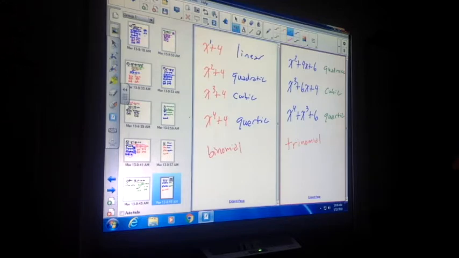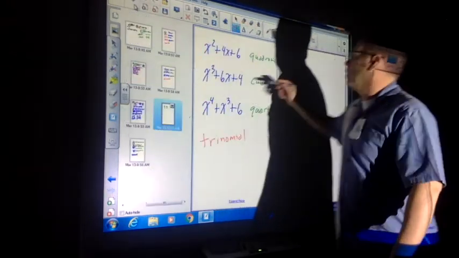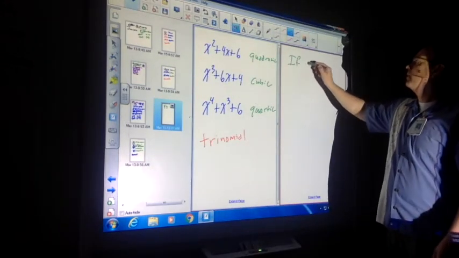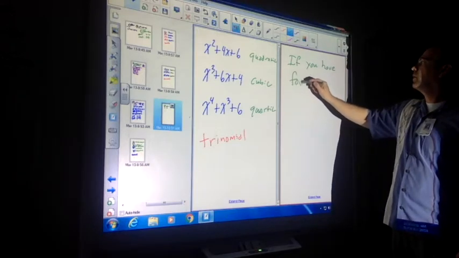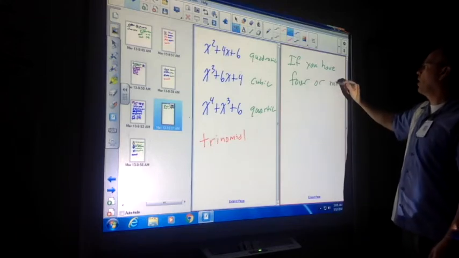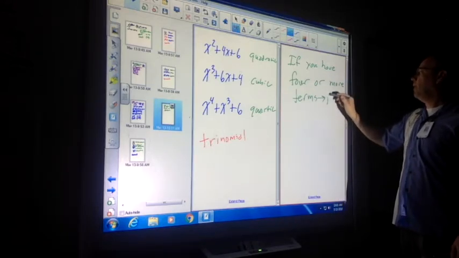If we had more than 3 terms, what does it then default to be called? Polynomial. So if you have 4 or more terms, it becomes a polynomial.